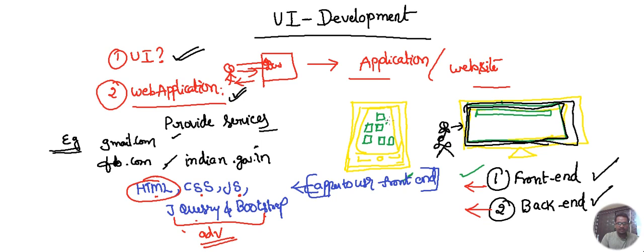Every web application has two components: front end and back end. What is meant by front end? It represents what the user is seeing in a website, and the front-end content can be developed using technologies like HTML, CSS and JavaScript. jQuery and Bootstrap are advanced, but they are developed by HTML, CSS and JavaScript.